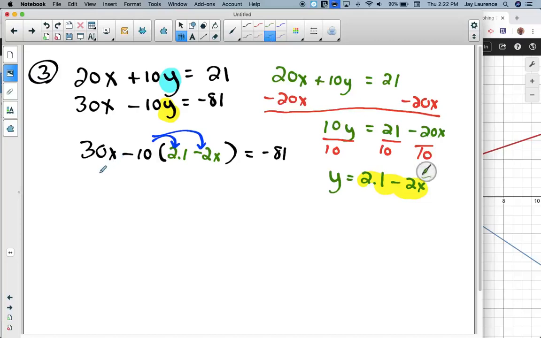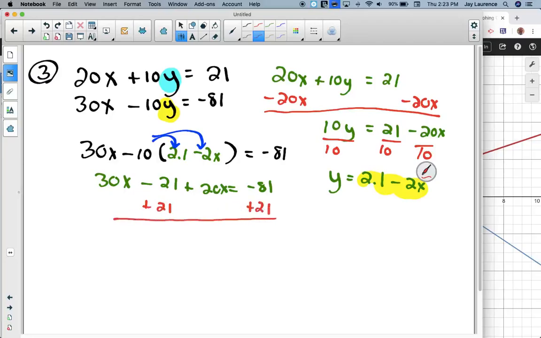And when I do that, the 30x is coming down. I'm going to have a minus 21 plus 20x equals negative 81. All right, I'm going to add 21 to both sides.